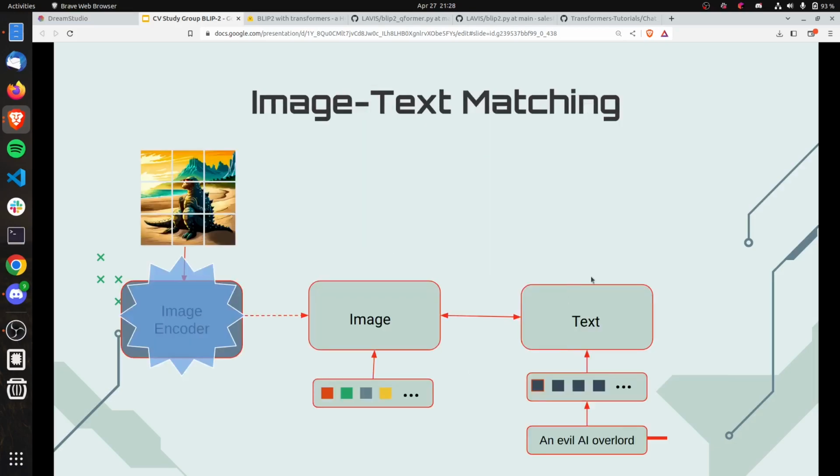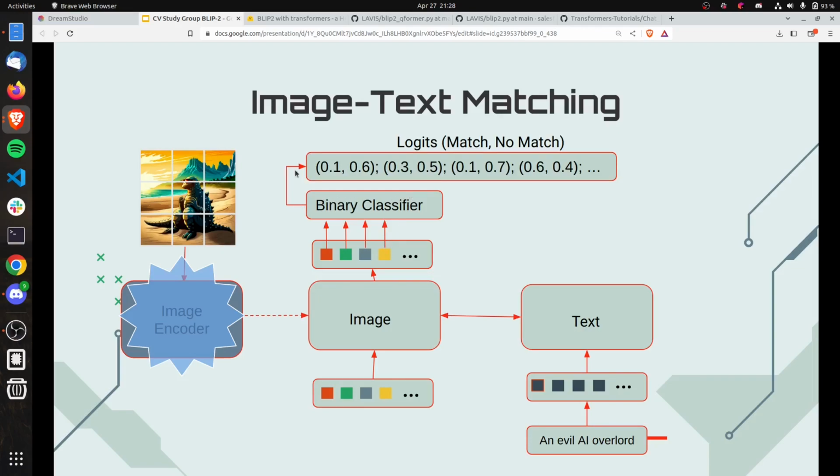And what they want to do in image text matching is they take the query tokens here, the learned query embeddings, and they put them into a binary linear classifier, and that then just outputs logits, right? Binary logits, where one says it's a match or it's no match. So when you have an image like here, Godzilla at the beach, and the text, an evil AI overlord, then for each token you get a prediction: is it a match between the image and the text, or is it no match?